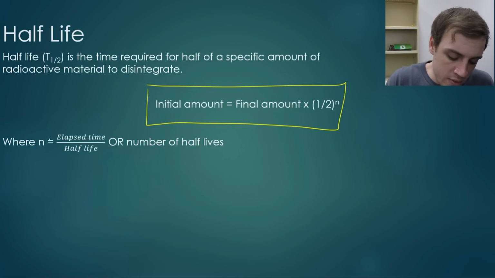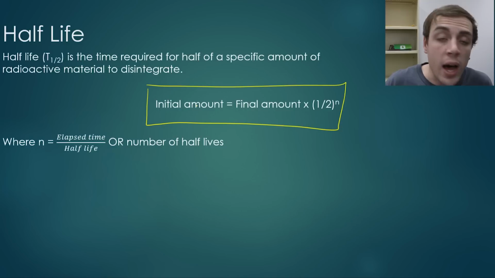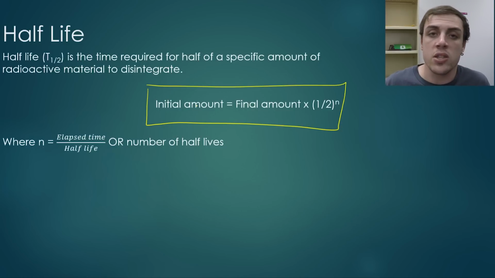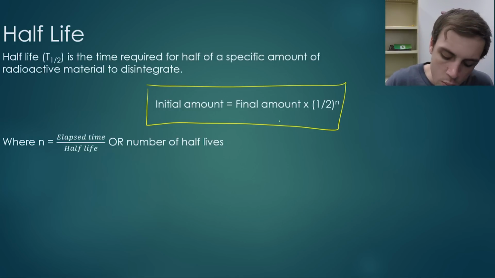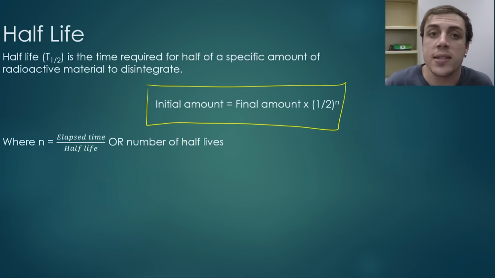So n is the elapsed time over the half-life, or if the question gives you the number of half-lives, for example, this compound has undergone 3 half-lives, you would replace this with 3.